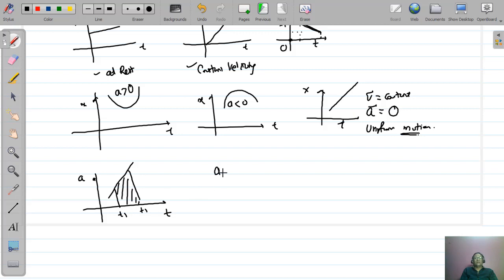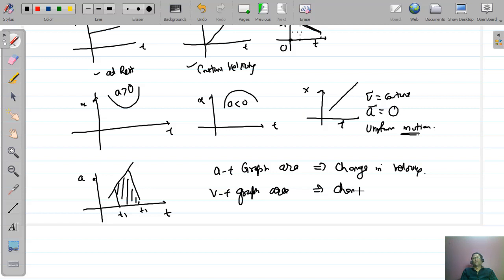That means the acceleration time graph area gives change in velocity. Similarly, the velocity time graph area gives change in position, that is the displacement.